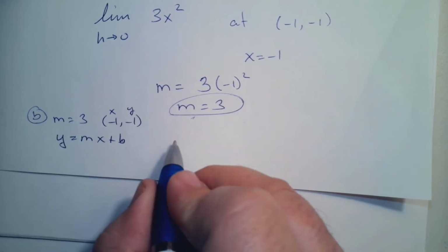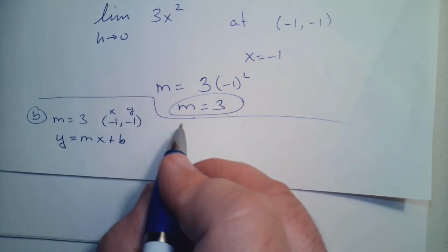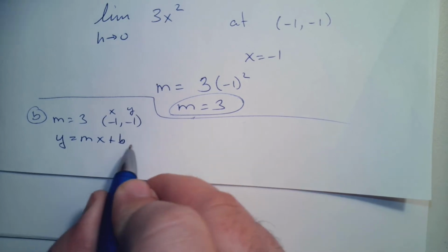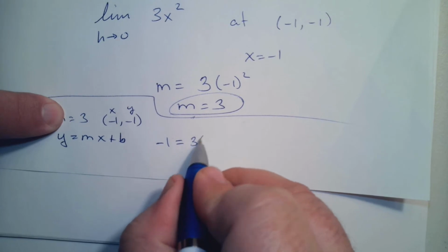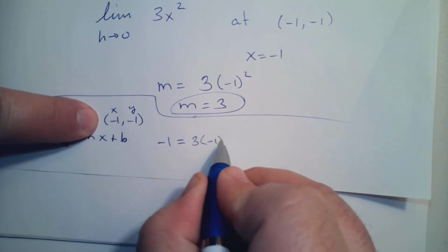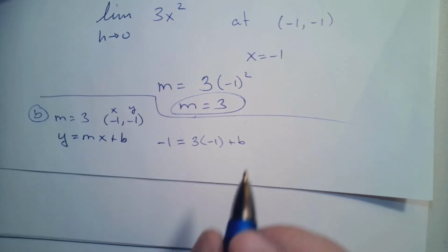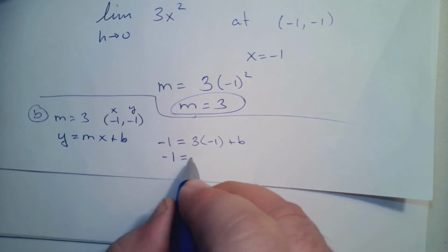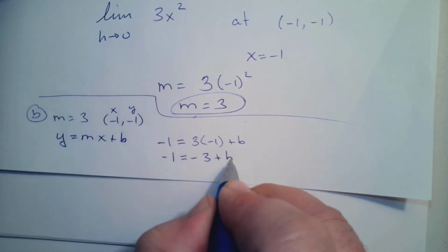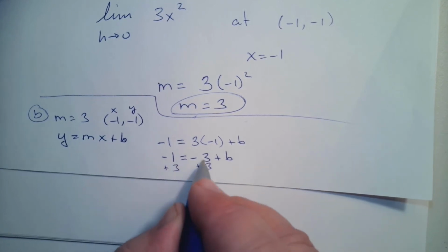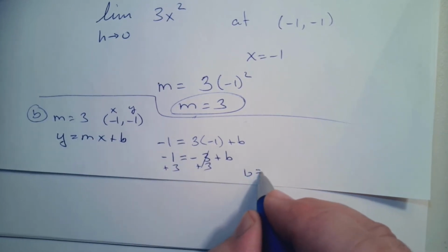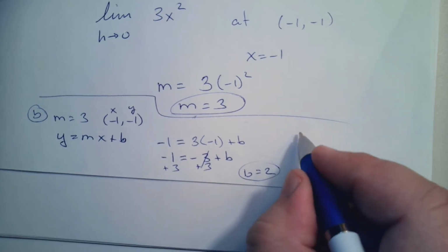So we have to solve for b. So y is -1, m is 3, x is -1, plus b. So -1 equals -3 plus b. Add 3 to both sides. B is equal to 2.